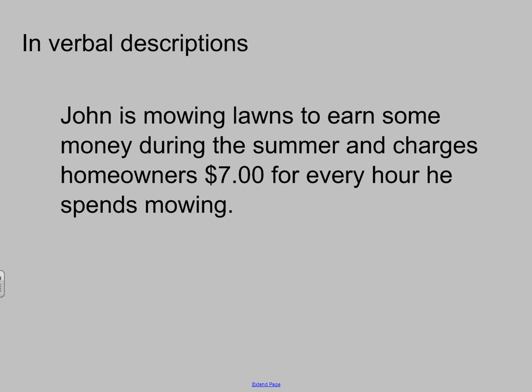All right, last, let's look at verbal descriptions. This is the one that might be slightly tricky. When you're looking at verbal descriptions, you have to first ask yourself, is it proportional? And the only way a verbal description, also known as a word problem, is proportional is if the same amount is changing every single step of the way.